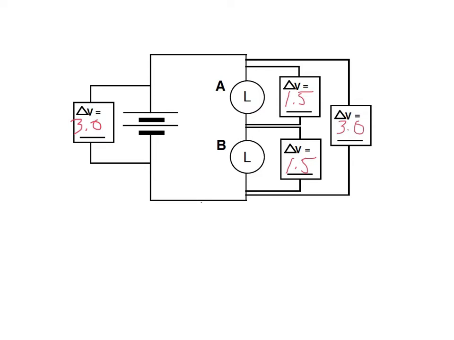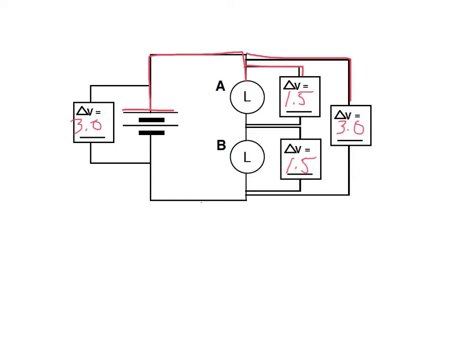Now this makes sense because if I was to color the circuit, I would color that red, and I would color it red all the way down to here, and it would be red all the way to here, and all the way to here.